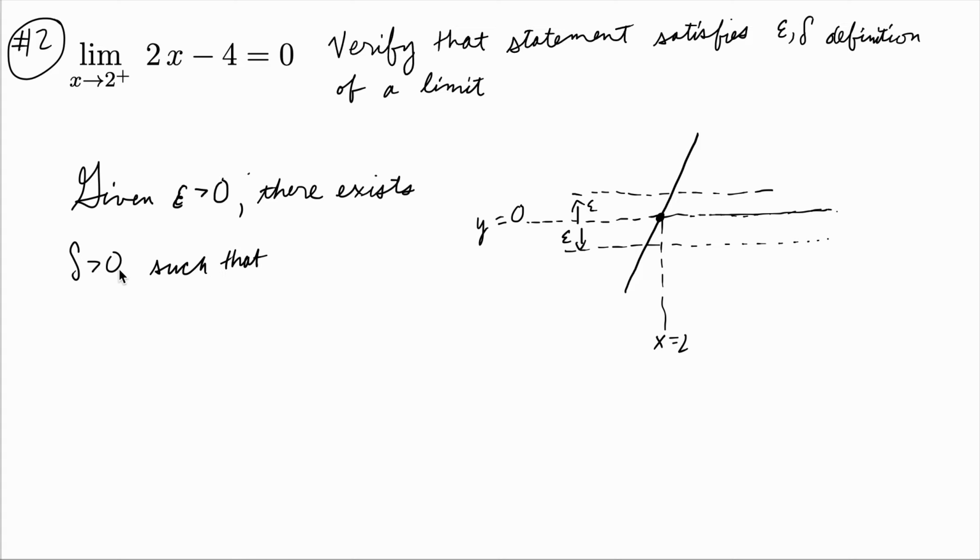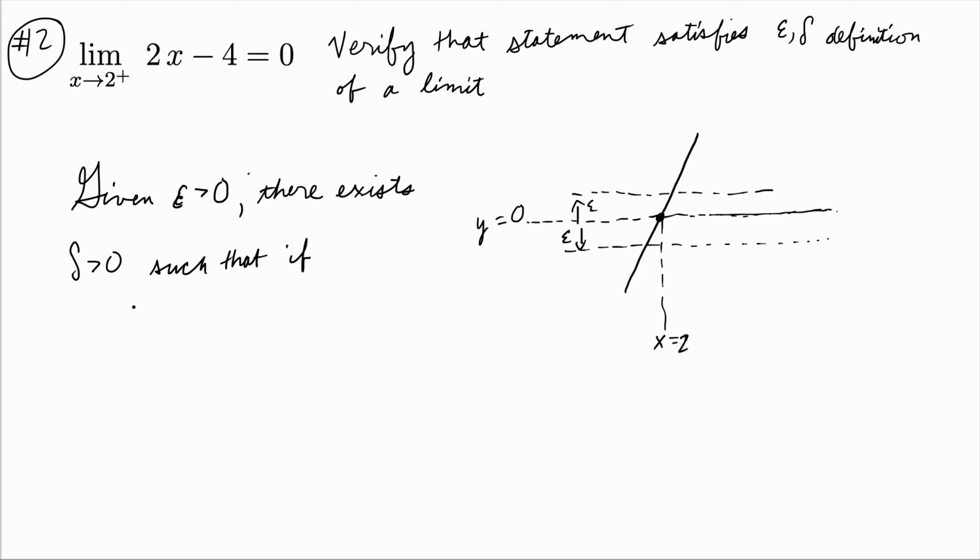such that, so some positive number representing a distance, such that if the x values are just a little bit to the right of 2 but less than delta away, how do we represent that and not equal to 2?